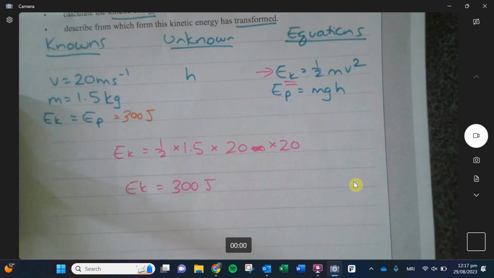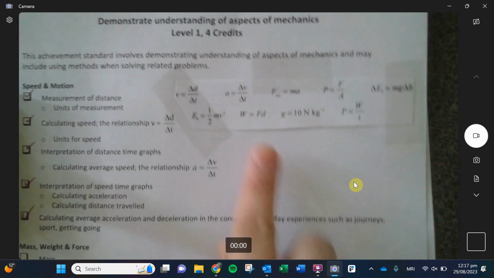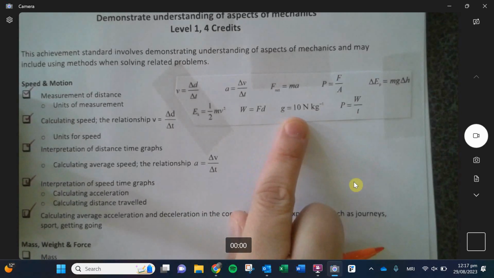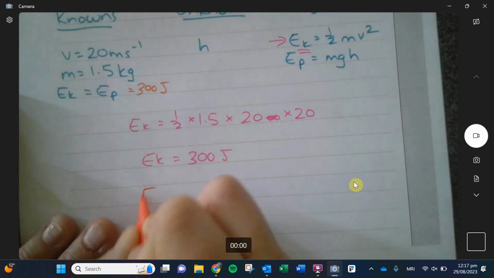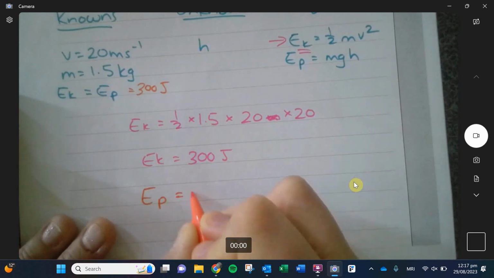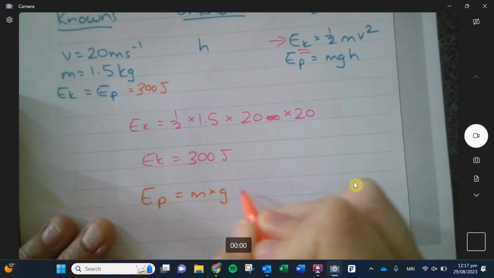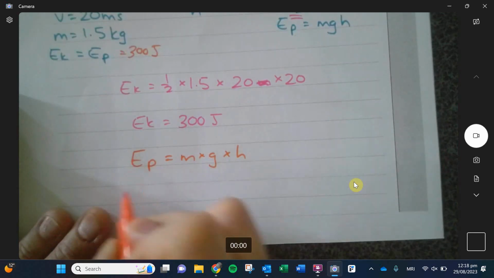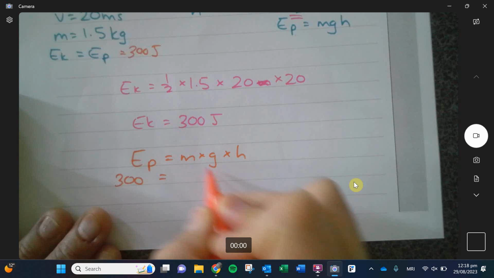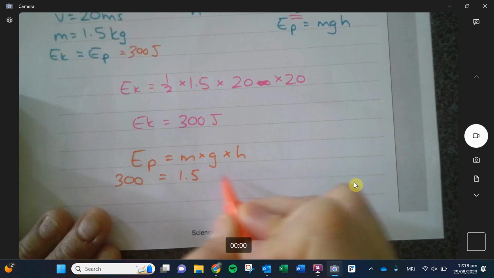Okay, gravity is given to me. G equals 10. So if I was to plug that in, I would have EP equals M times G times H. Potential energy is 300. My mass is 1.5.